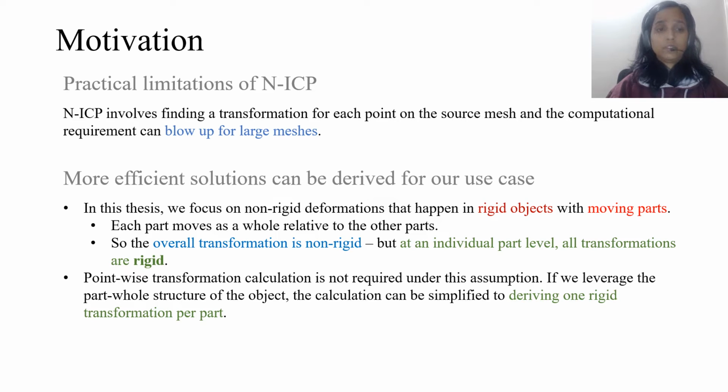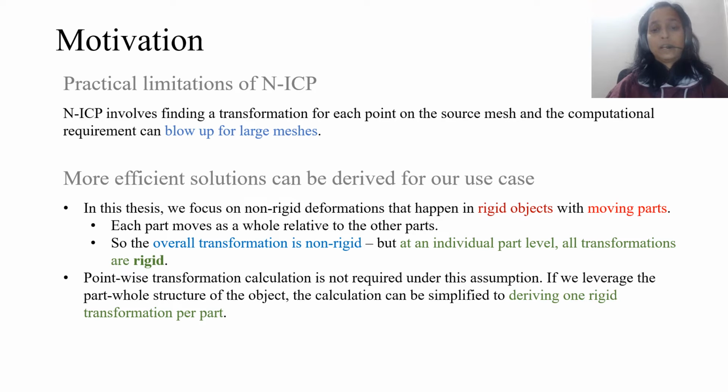In this thesis, we focus on non-rigid deformation that happens in rigid objects with moving parts. Each part moves as a whole relative to the other parts, and so the overall transformation is non-rigid.